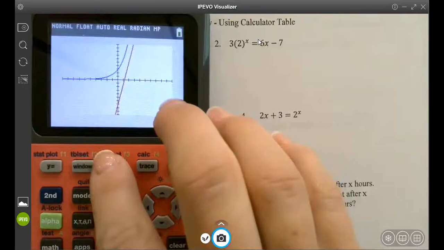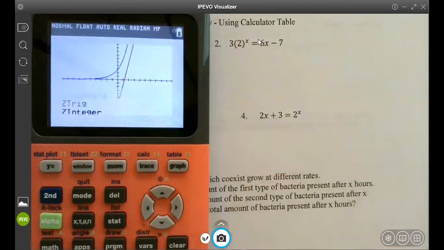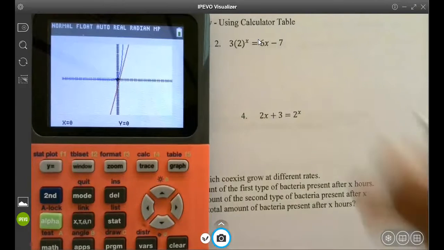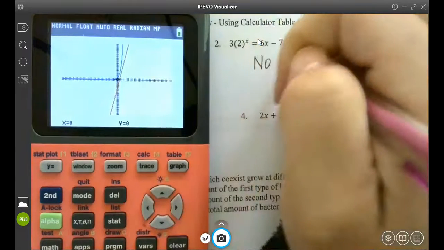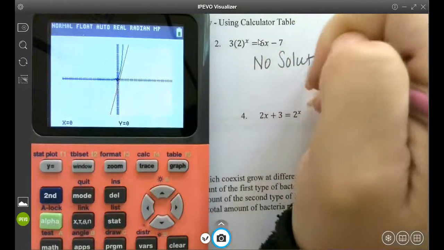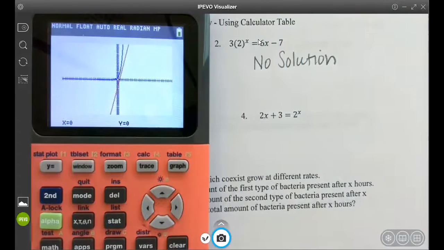No, so I want to zoom out and see if I see it this time. What do you notice? So this will be no solution. And that's what we should have seen in the first one.